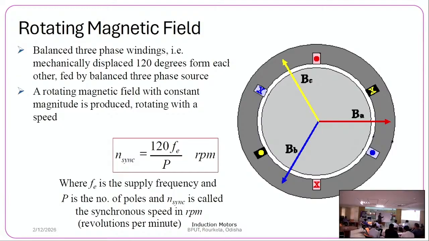What is MMF? Magneto-motive force. That is equal to number of turns into current. Now I will use instantaneous current, N into iR for R phase. Similarly, for Y phase and B phase, they will also have MMF.